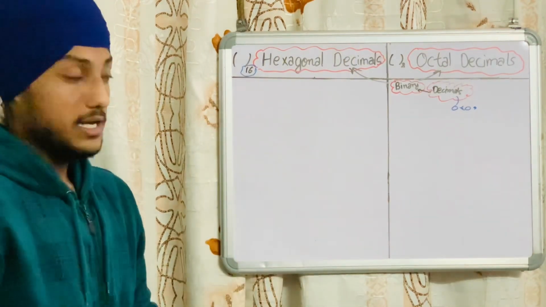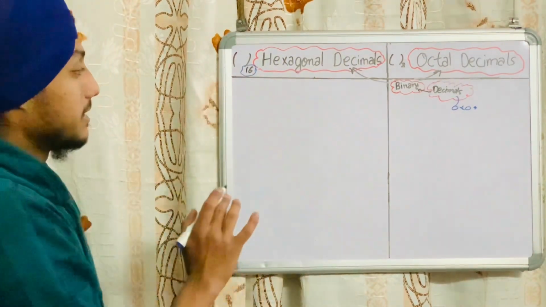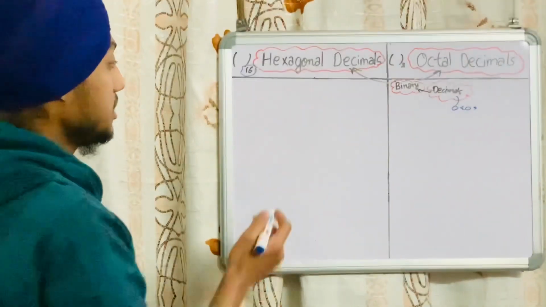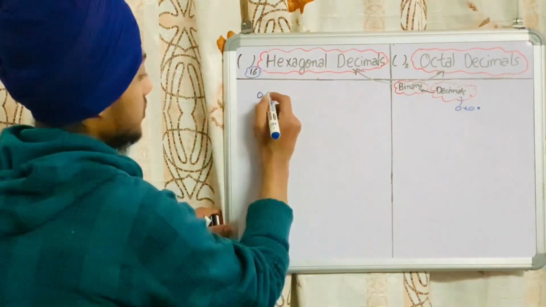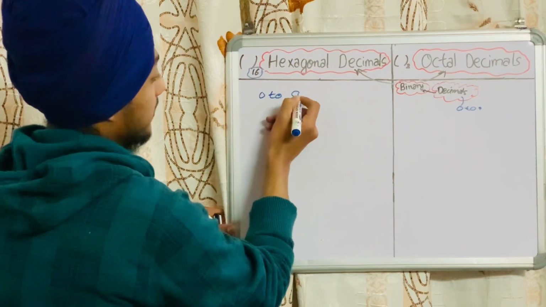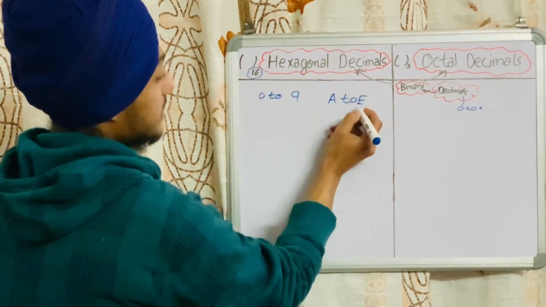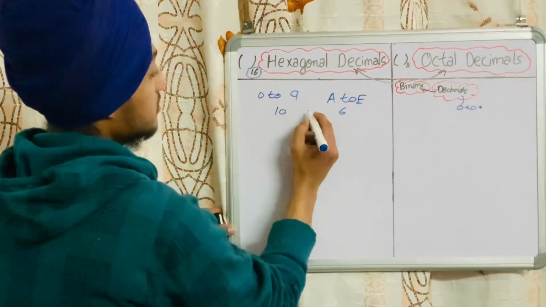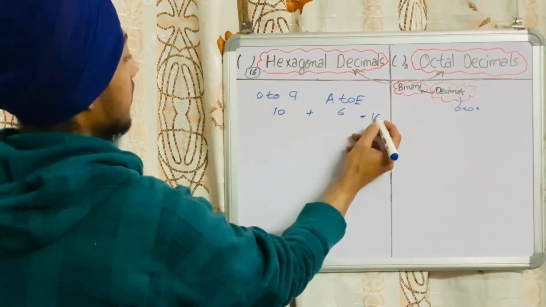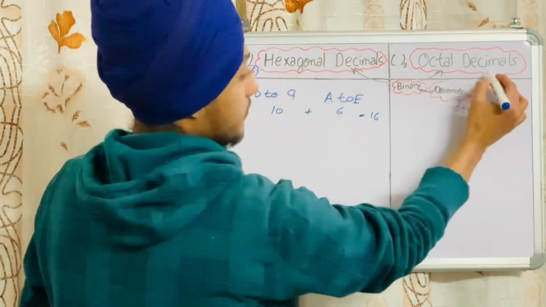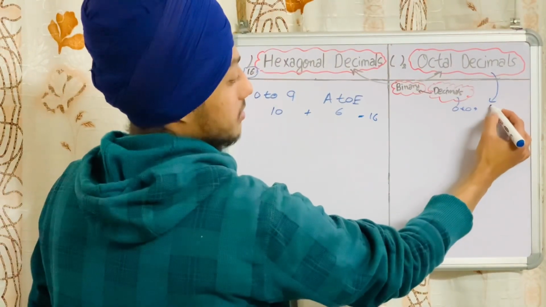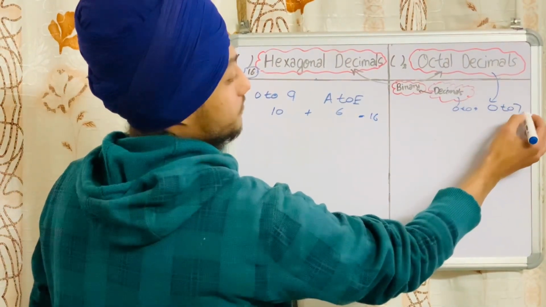Let's learn about it, and why there is subscript 16, and there are 16 numbers total. We are going to see 0 to 9 and from A to F. So these are 6 letters and these are 10 numbers, 10 plus 6. And so in octal we are going to use 8 numbers which are 0 to 7.